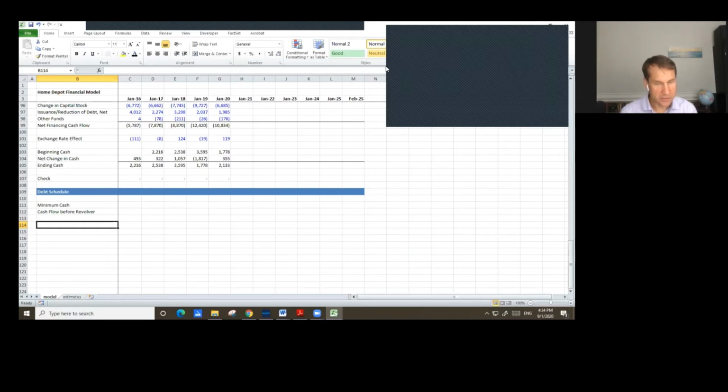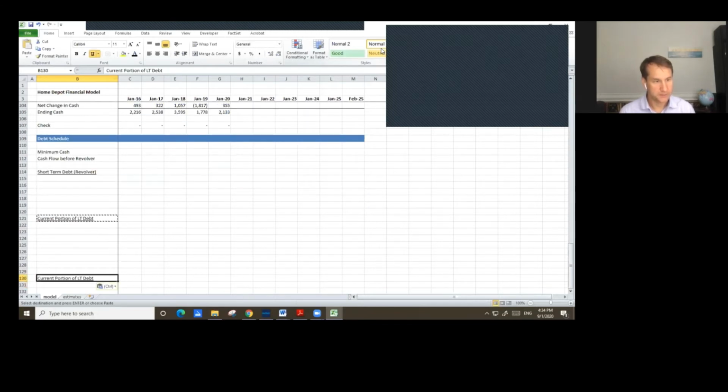So we'll have three types of debt. We'll have short-term debt, which is the revolver. Then I'll have a current portion of long-term debt. And then we'll have the long-term debt.